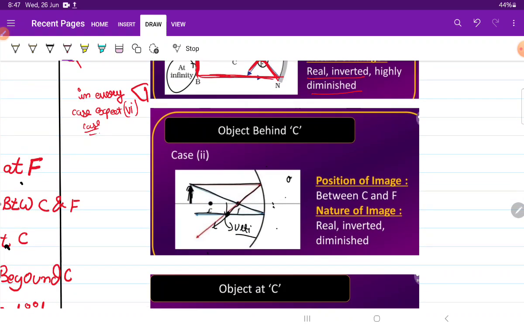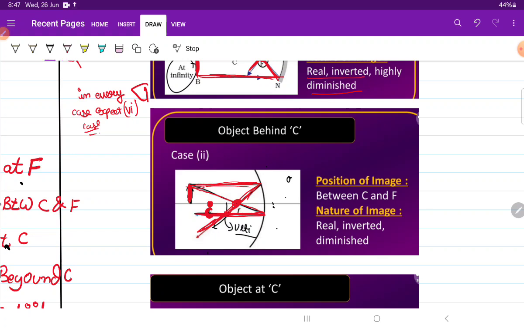Now in the second case, we are putting the object behind the center of curvature. Always, one ray will be parallel to the principal axis and pass through the focus only. So this is the first ray. And the second ray, we have studied the second standard law, that if a ray cuts the focus, then it will be parallel to the principal axis.